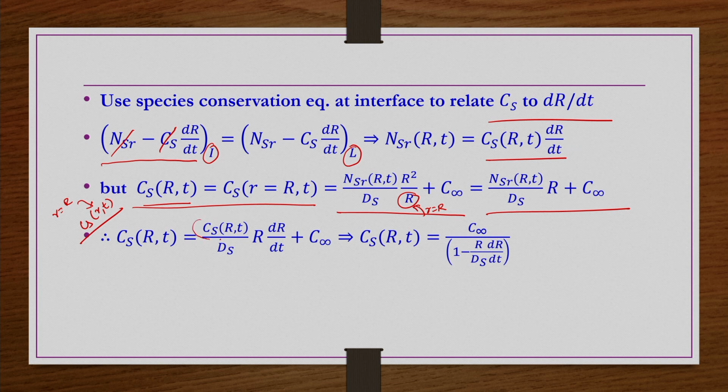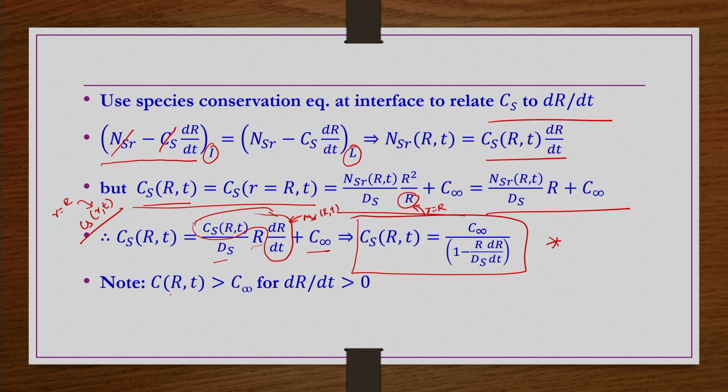So, Cs at capital R comma t times dr by dt in place of NSR at capital R comma t, and the remaining R divided by ds plus C infinity terms are as they are. Then you can write Cs terms on one side and the remaining terms on the other side, and you get the relation between Cs and dr by dt given by this one.